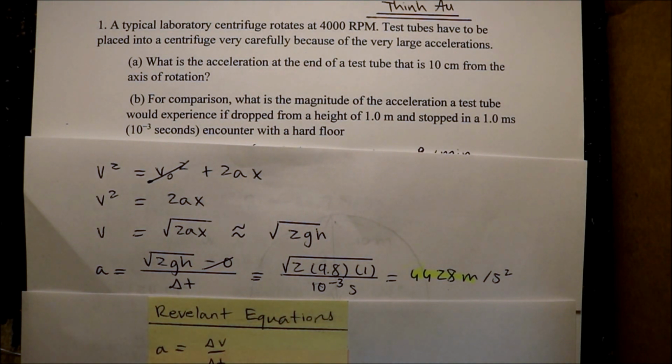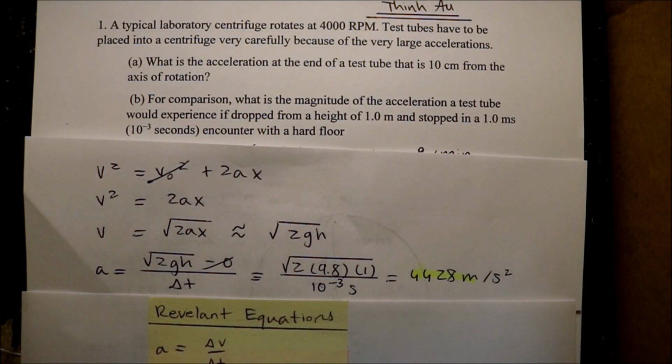So we have acceleration equal to the square root of 2gh divided by the change in time. Now that we have our manipulated equation for acceleration, all we have left to do is plug in our variables to find our answer.